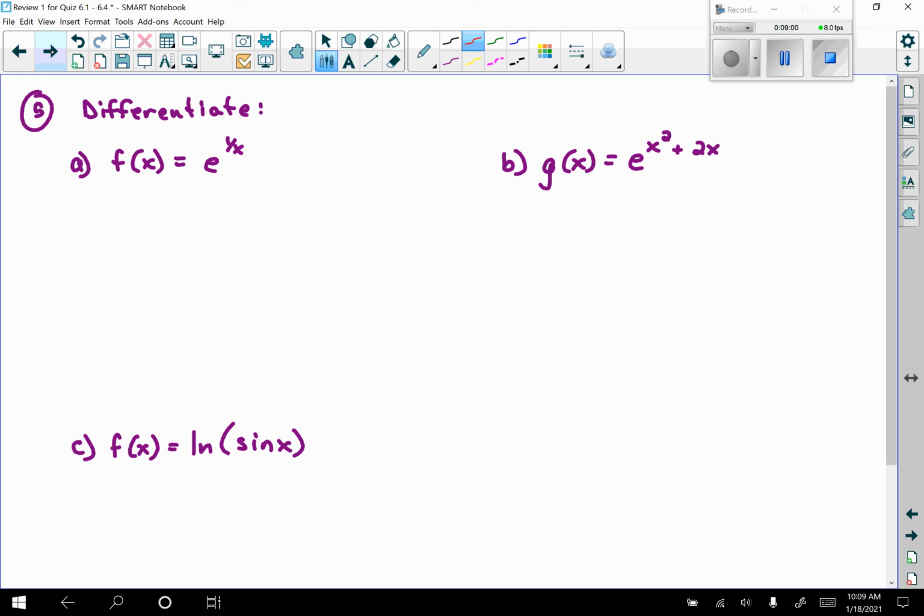Okay, so this is a combination of section 6.2 and 6.4. So go ahead and give these a try.